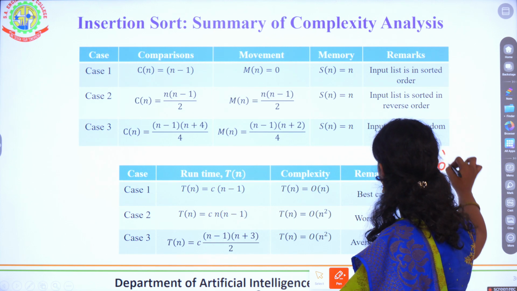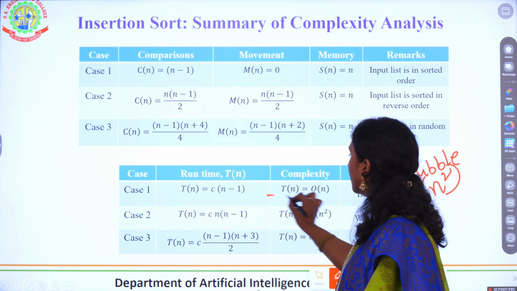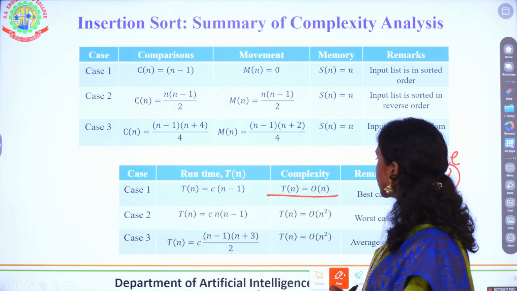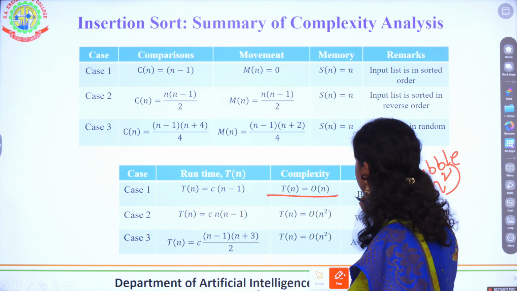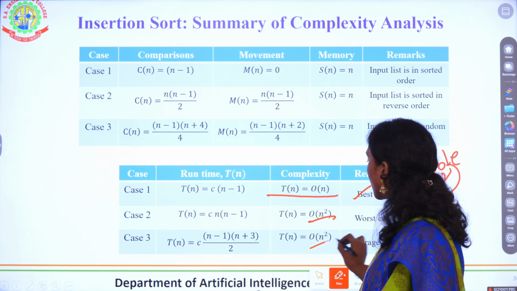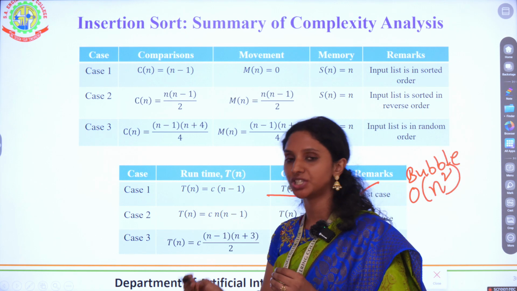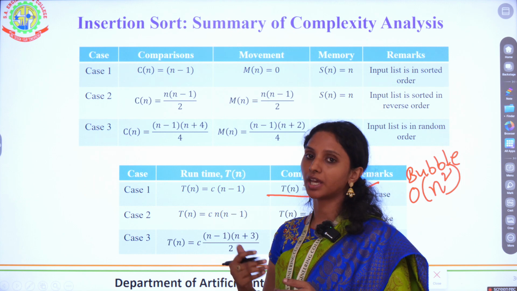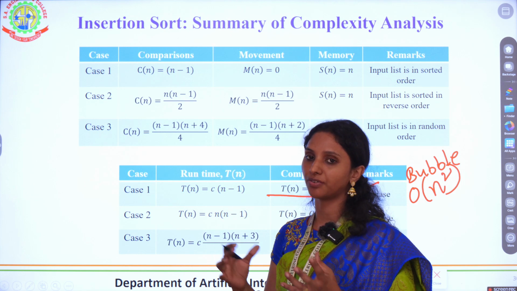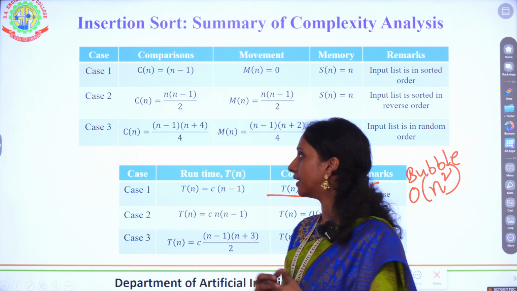For bubble sort, the time complexity was order of n square, whereas in insertion sort, the time complexity is order of n for the best case, but for worst and average cases, it is the same as order of n square. So it is a little more efficient than bubble sort if you want to get a sorted list from an unsorted list in a fast manner.